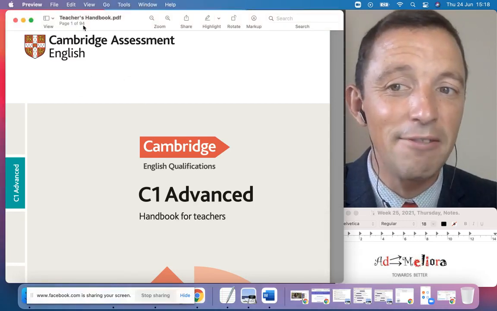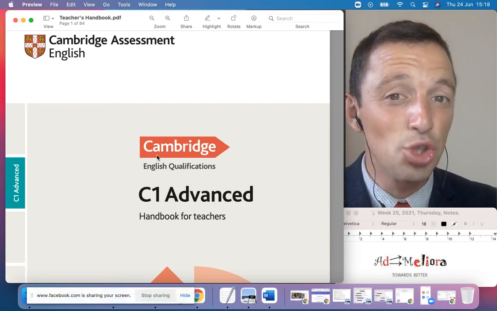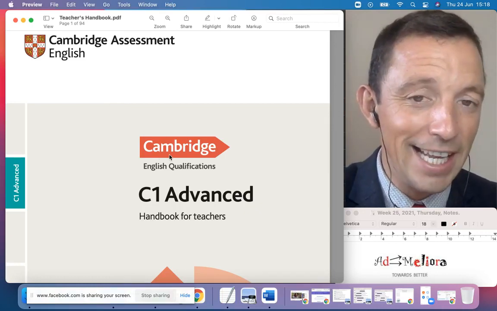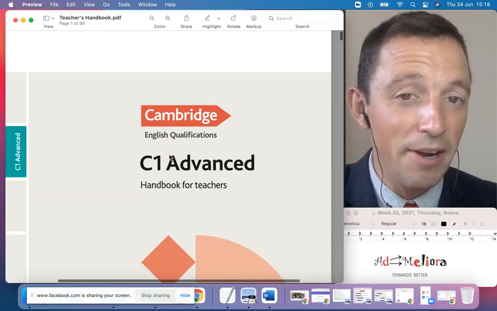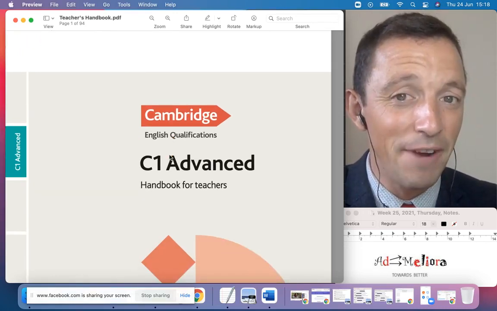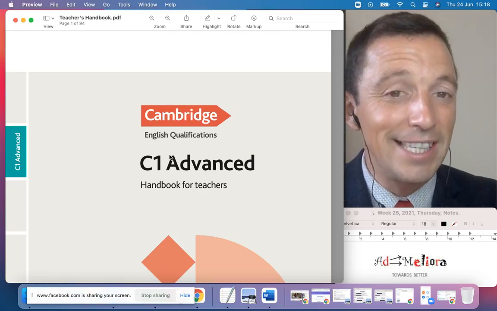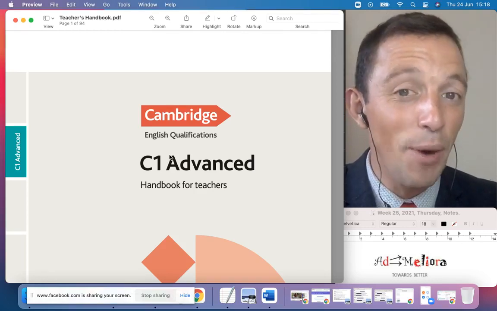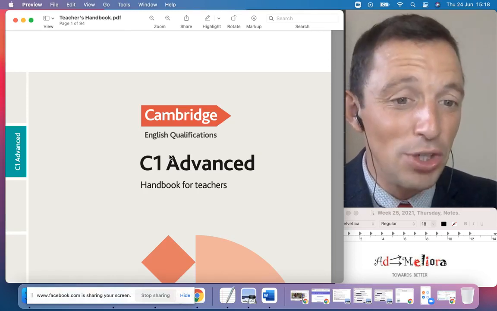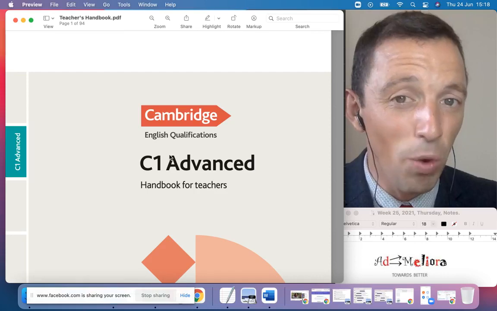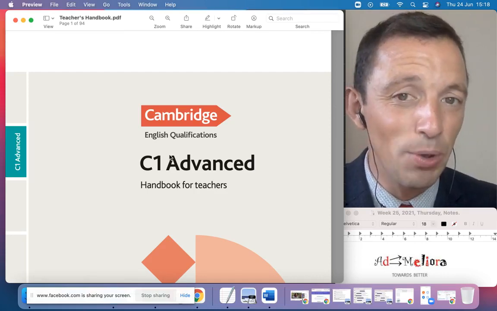There's maybe 94 pages, but it's really super, and you have 2 full exams in this book, and it's very useful and very clear and very good. So I do recommend that you try to get this book and try to read it, especially if you are preparing for this exam. The B2 has the same type of book, and it's very worthwhile to take this book and try and read it.